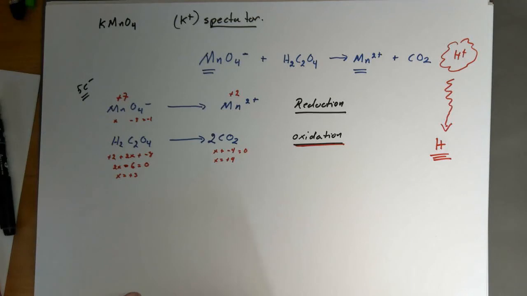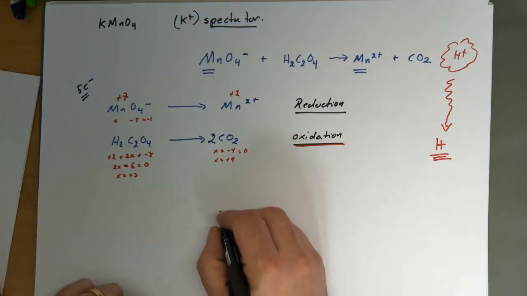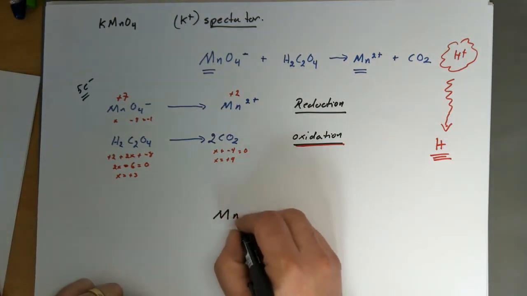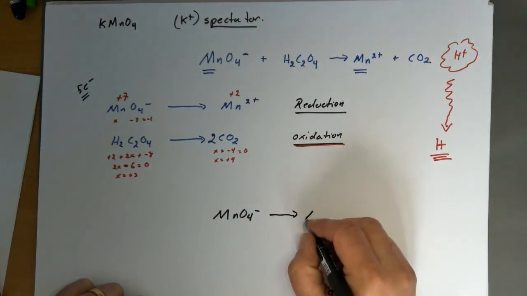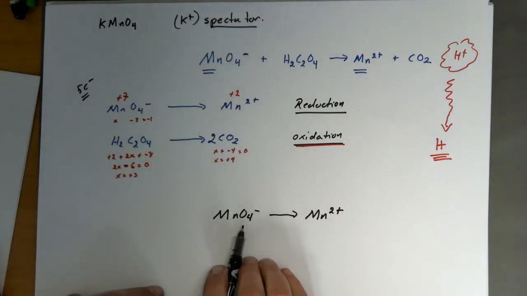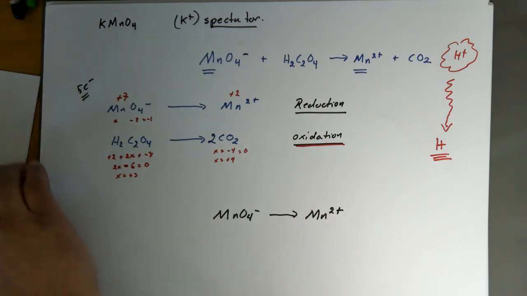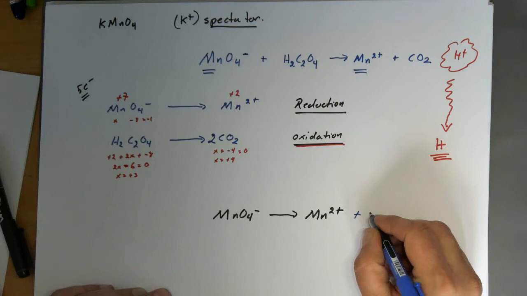So, in order to do that, we have to make some assumptions. So I'm going to rewrite this chemical reaction down here. And we're going to deal with the first one first, the manganese first. In order to balance the oxygens that are missing on this side of the chemical reaction, we balance it using water.